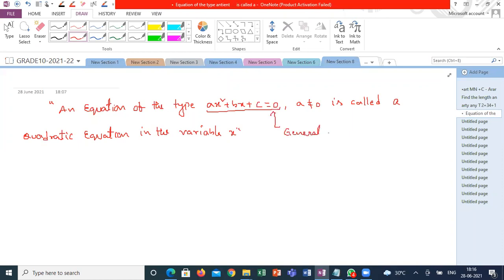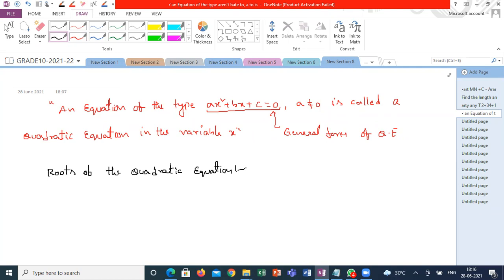Like linear equations, we have different methods to solve quadratic equations. Another name for solutions is roots of the quadratic equation. For what values of x the quadratic equation is satisfied, those values are called roots of the equation.